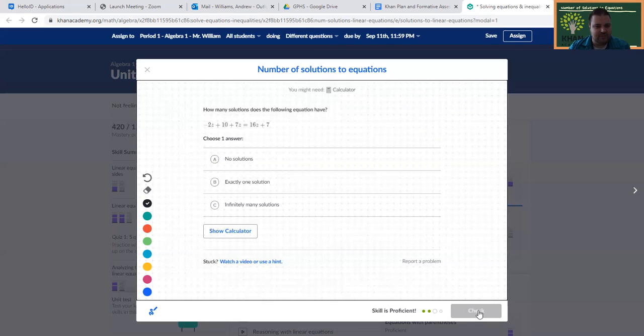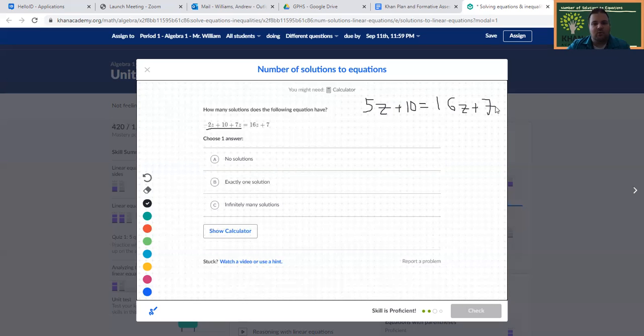All right, let's take a look at this problem here. Same kind of prompt. How many solutions does this equation have? Let's look to combine like terms first on this side. So I can do the negative 2z and 7z. That makes 5z. The plus 10 just gets brought along for the ride, plus 10 equals, and then this side of the equation, we're just going to rewrite, 16z plus 7.